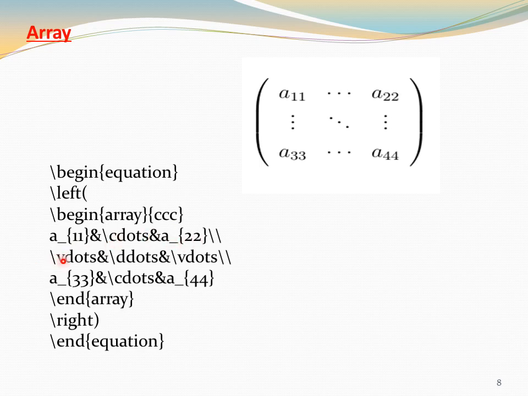And for vertical dots, \vdots and \ddots. Then here the third entry is a3, \cdots and a4. Then \end{array} and end brackets with \right and \end{equation}. Execute the equations and we will get the array with the dots like this.